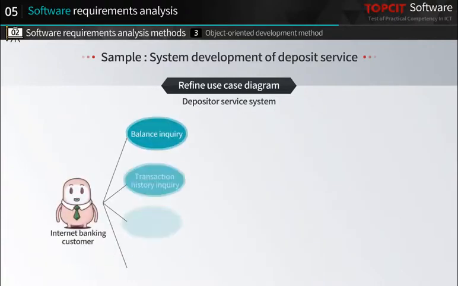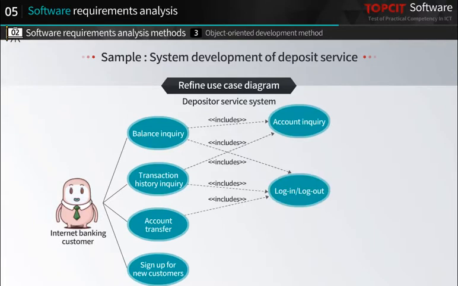The results of these tables and the initial use case diagrams can be represented as refined use case diagrams as shown in the figure. Based on the results of the previous table, the relationship between primary use cases and sub-use cases is represented as includes in the refined use case diagram.